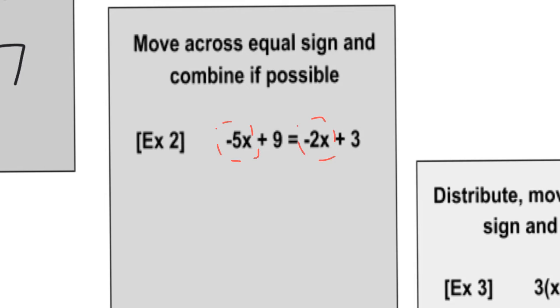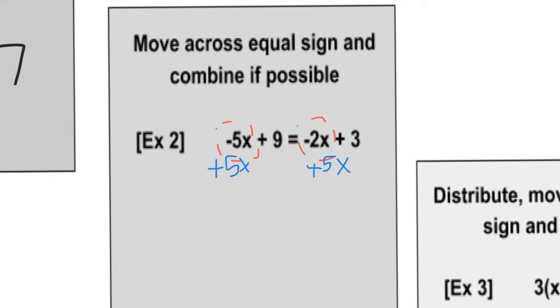Now, if you decided to move the negative 2x, that's fine. You would just be working with a negative number. So if I'm going to move my negative 5x, since it is negative, I'm going to add 5x to both sides. And when I add that 5x, I'm going to represent this one a little differently.